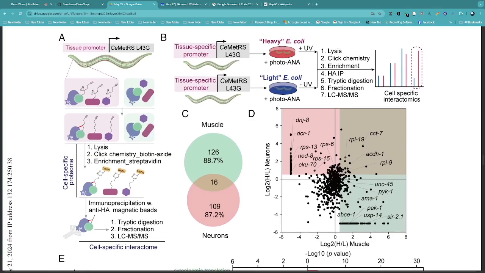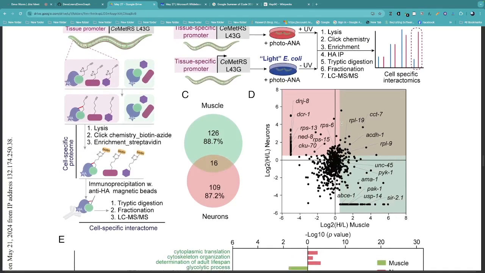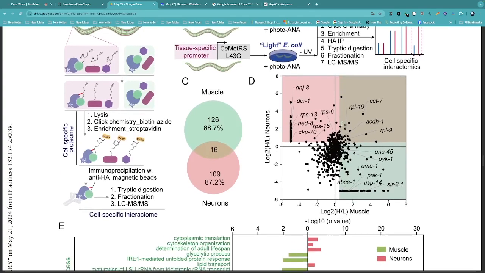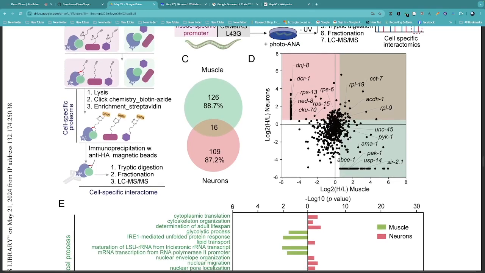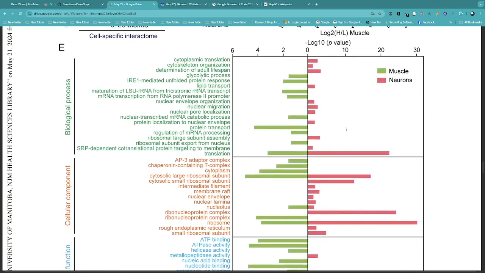You can see that there are some outliers here that they identify by name, and then there's this cluster around 0. So they've been able to identify specific markers that are different proteins outside of this cluster. And so those are things of interest.